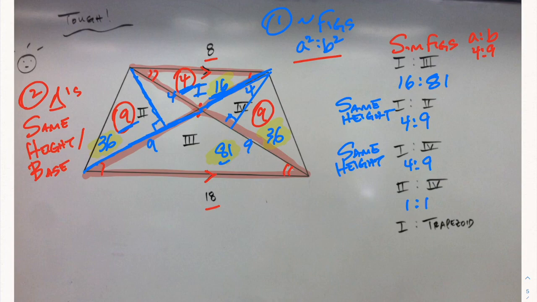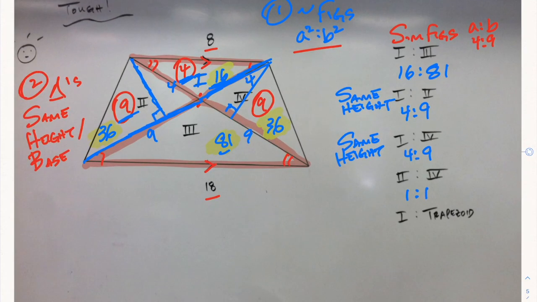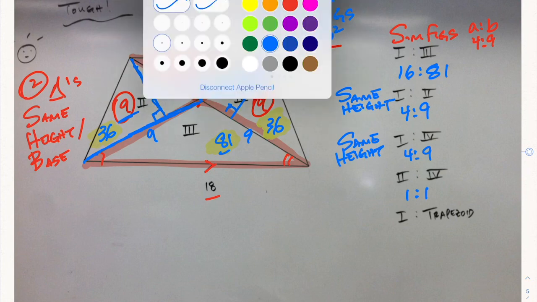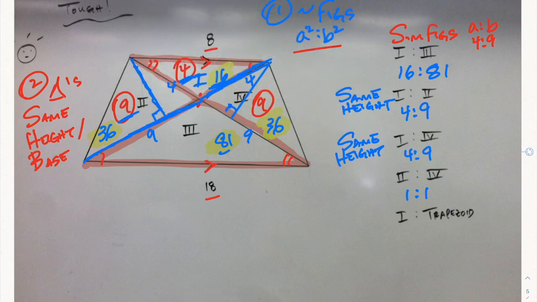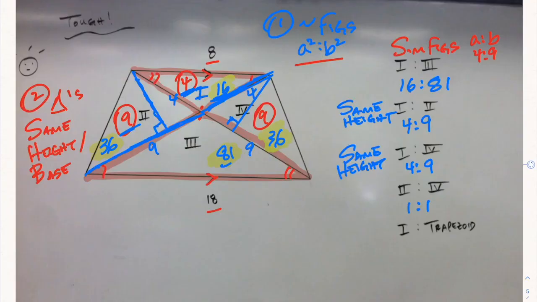The last question they're going to ask is, what is the area of triangle 1 to the entire trapezoid? So basically I'm just going to add up all the areas here. We're going to say triangle 1 was 16, triangle 2 was 36, triangle 3 was 81, and triangle 4 was 36.